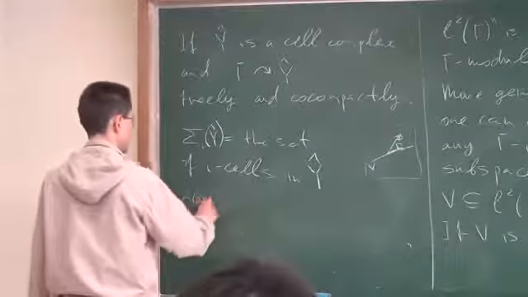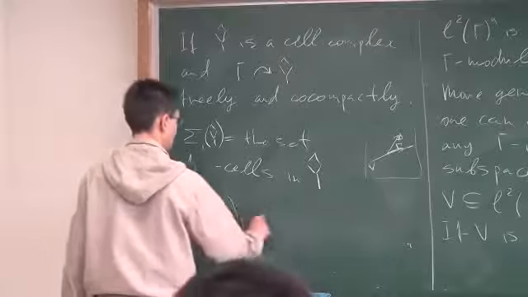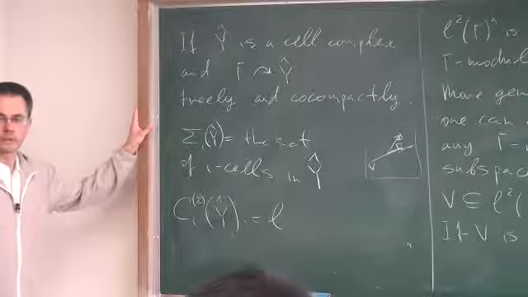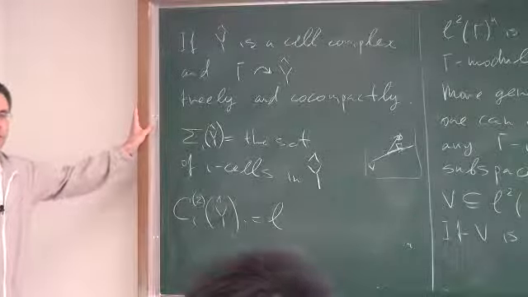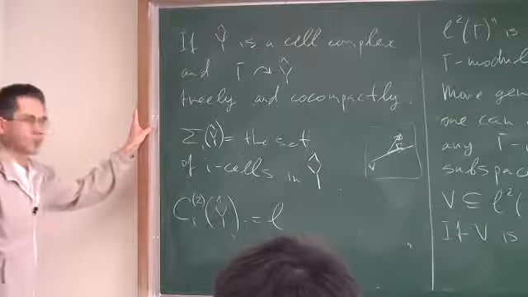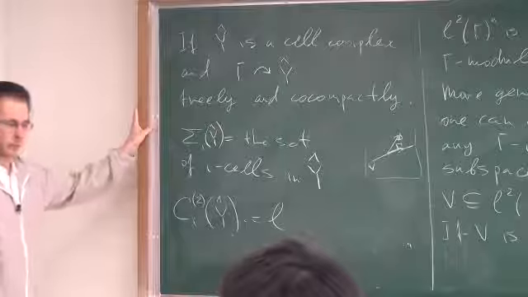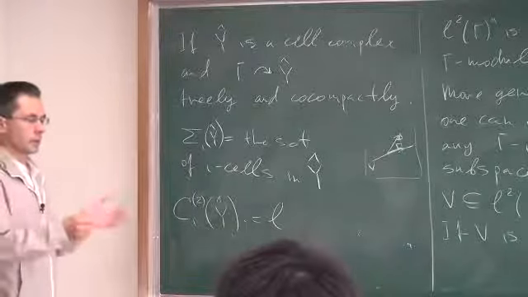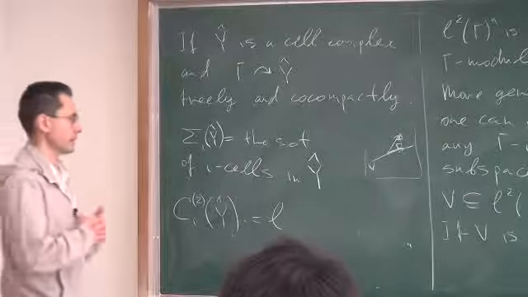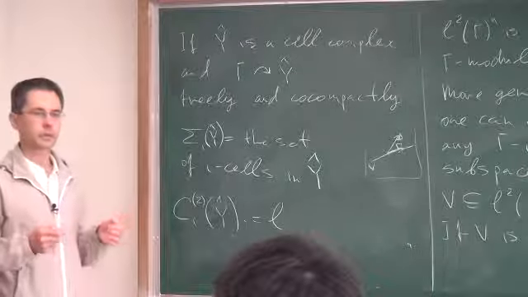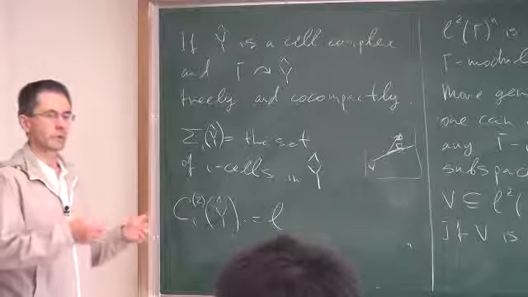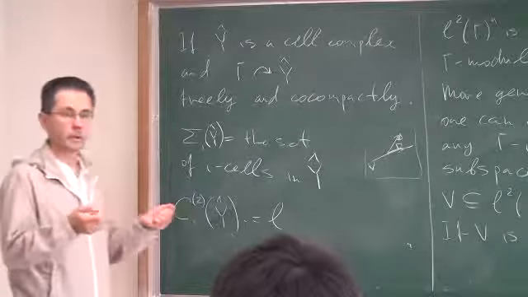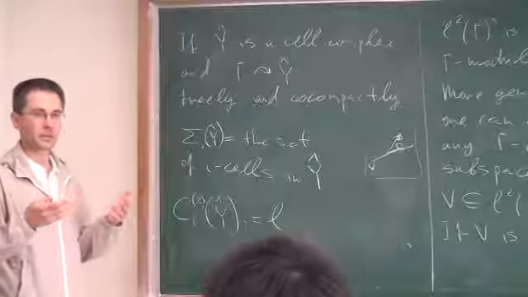But then denote C_I^2 of y hat. This is the space of L2 summable chains. So it's a generalization of chains that you have seen in an algebraic topology class. If you remember the definition of homology, for a cell complex you consider all I-dimensional cells, and then you consider all possible functions from that set of I-dimensional cells to coefficients, say complex numbers. Or instead of a function, you think of linear combinations.